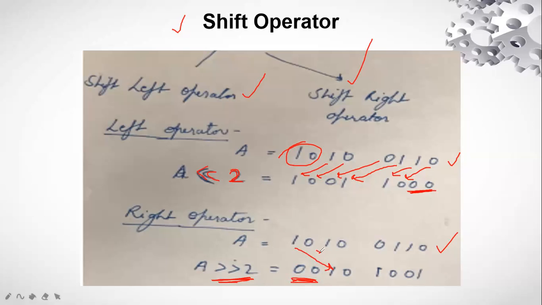So I get 1 here, 0 here, 1 here, 0 here, 0 here, and 1 here. Now you can just delete or forget about these 2 bits. By default, you put 0 in these 2 empty spaces. So this is how we do the left shift and the right shift.